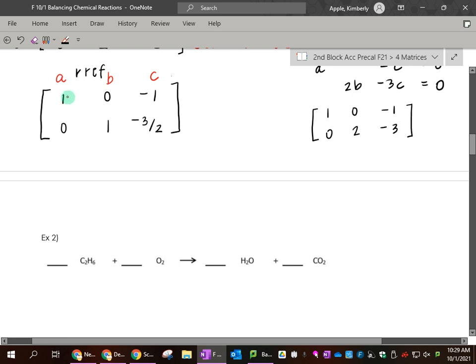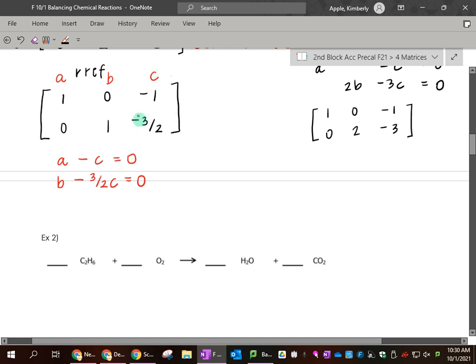If I pull this out of here, it's going to be 1A, which is really just A, minus 1C, which is really just C, equals 0. And this second line here would just be B minus 3 over 2 C equals 0, because this is 1B minus 3 halves C. Still tracking?